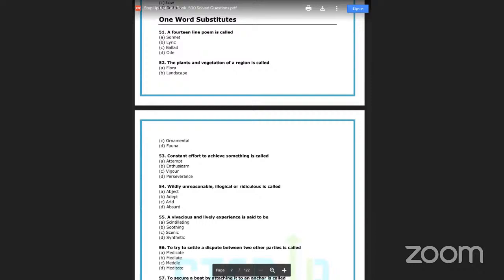Okay, then ornamental. Serving or intended as an ornament.